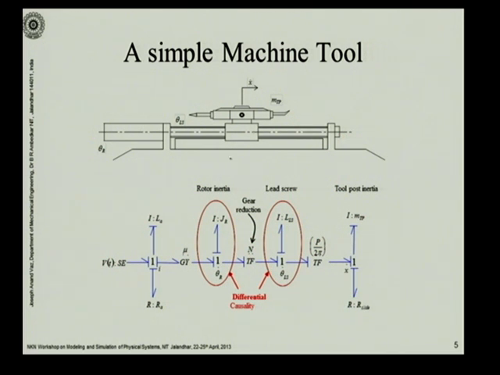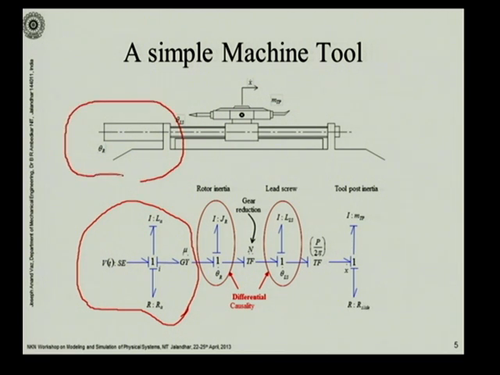The bond graph model for this system has been shown here. You have the electrical side. I think you already are familiar with it, so I am not going to talk about it. That is as far as this motor part is concerned. And then you have the rotation of the rotor, the motor rotation.